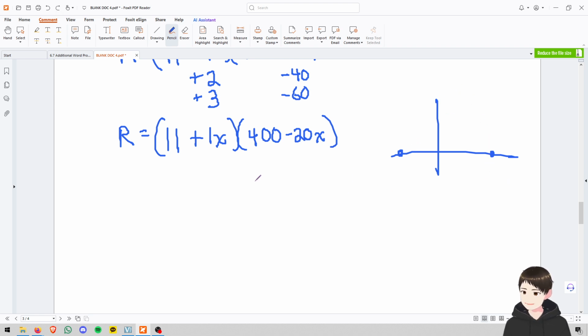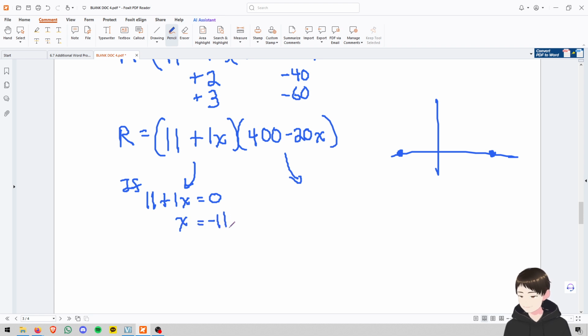Okay? So, when is revenue equal to 0? Well, let's put it as 0. If that's equal to 0, then this bracket or that bracket has to equal 0. So 11 plus 1x equals 0. That means x equals negative 11.